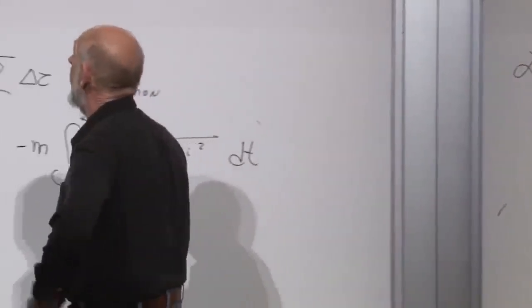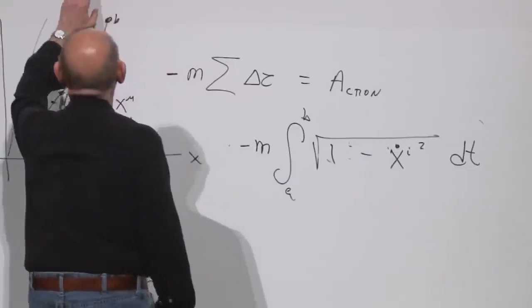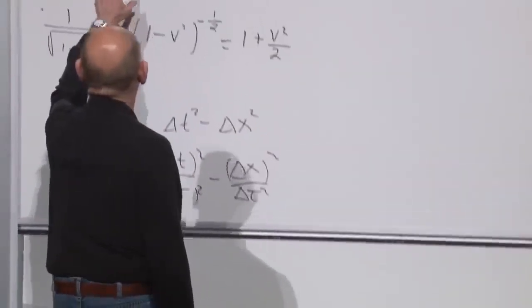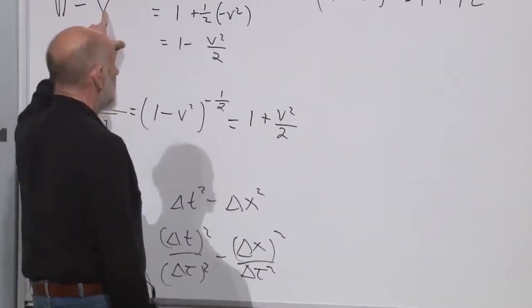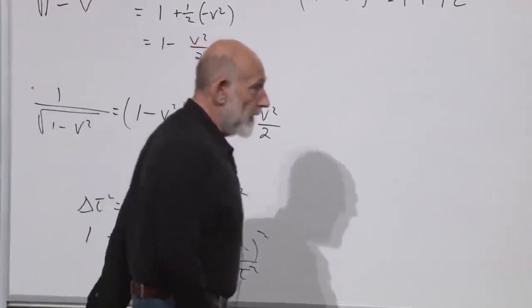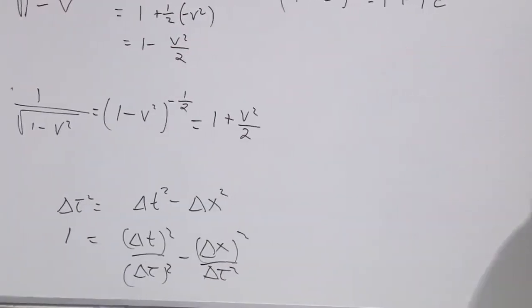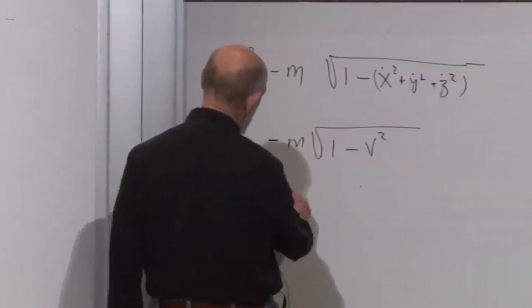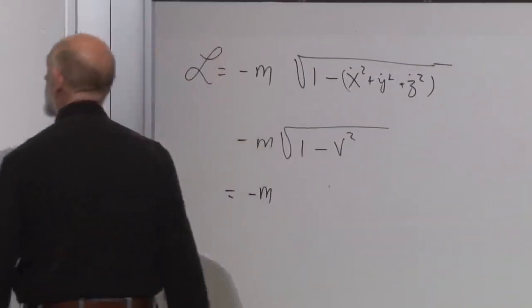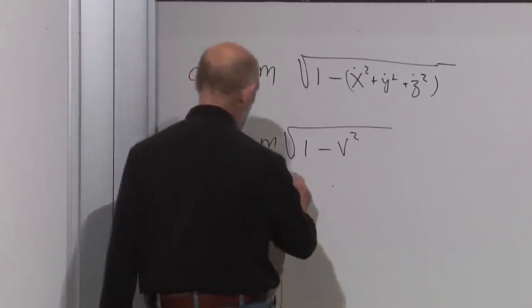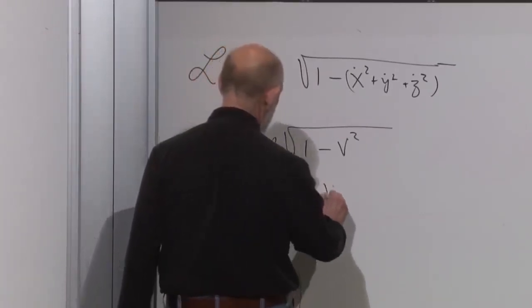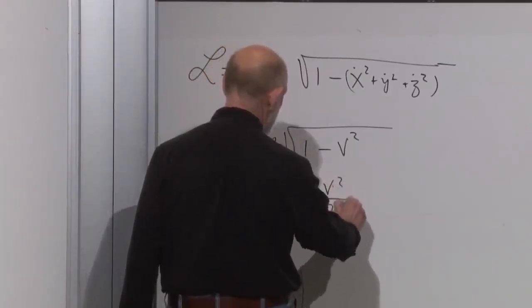For that, we go back to the good old binomial theorem. The binomial theorem tells us that the square root of 1 minus v squared is approximately equal to 1 minus v squared over 2, so the Lagrangian is approximately minus m times 1 minus v squared over 2.